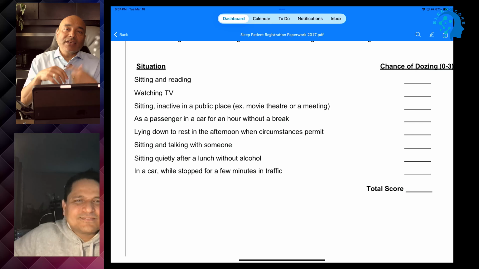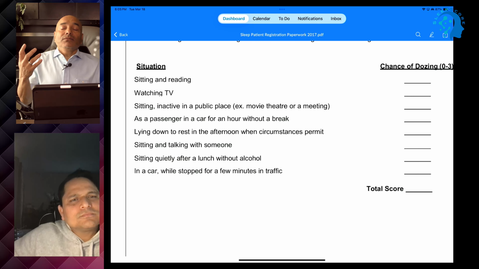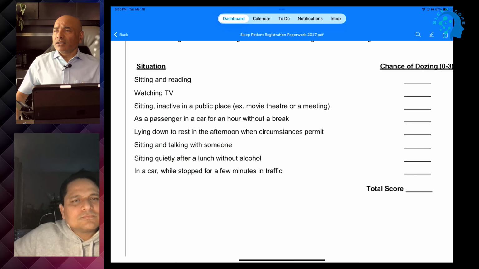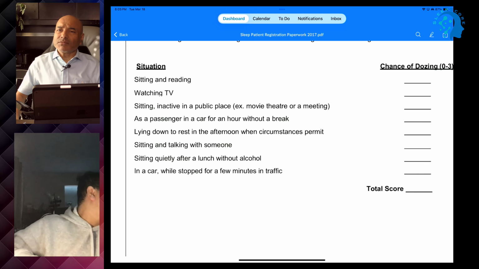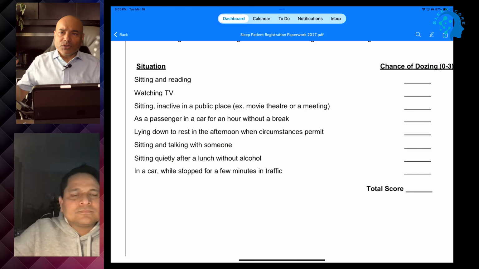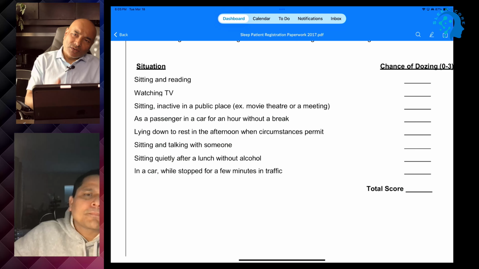Next thing, you wake up after 2 hours. You go to bed at 10 or 11, and then you suddenly wake up at 1 or 2 o'clock. And you think, why did I wake up? I don't know. Look at the watch. Maybe I have to use the bathroom. Then you go use the bathroom, come back and go to sleep.